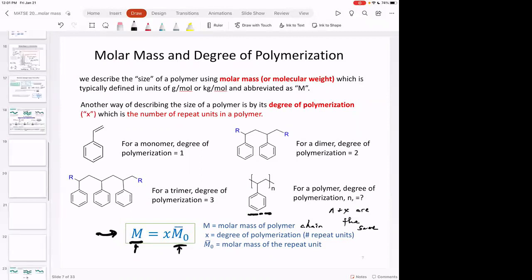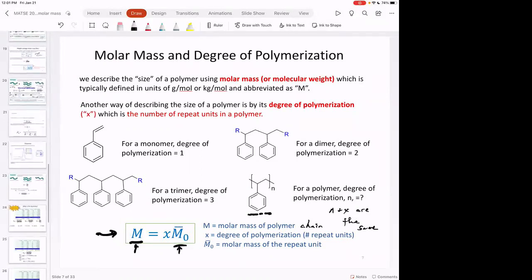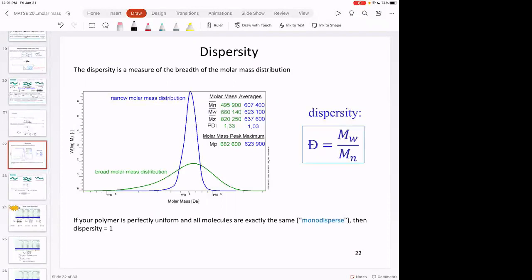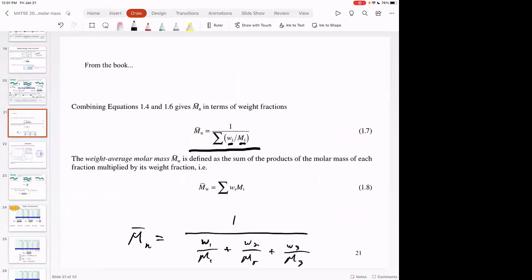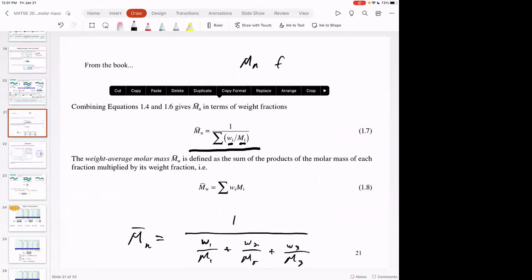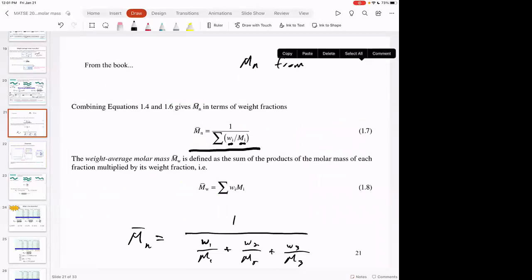All right. So as we start looking at this, this is the formal slide on dispersity. I encourage you to look in the book as well, because it would have been really hard to solve the homework problem if you hadn't looked in the book and read the molecular weight section that's only like three quarters of a page and found this, because this gives you MN from weight fractions.